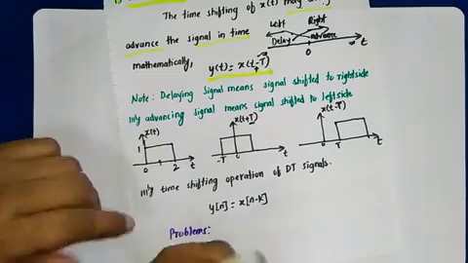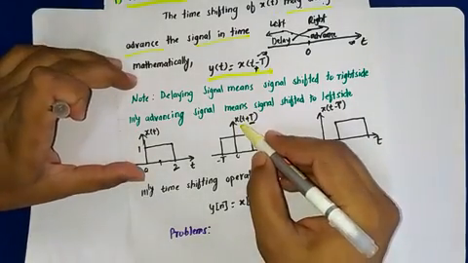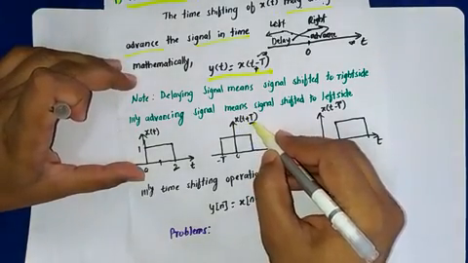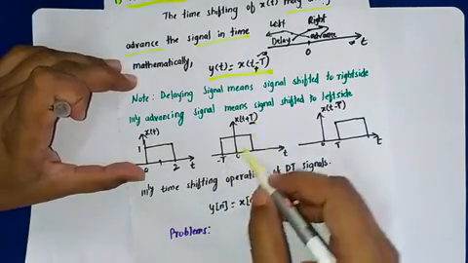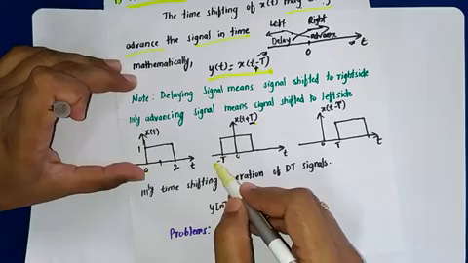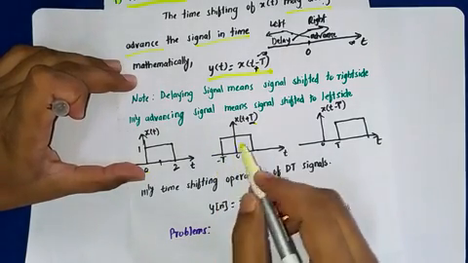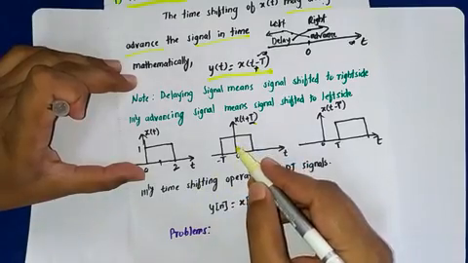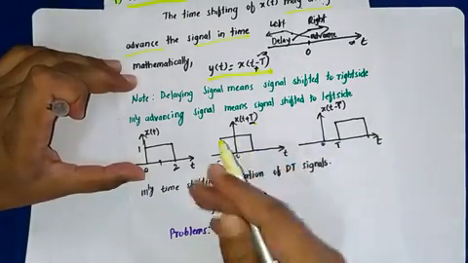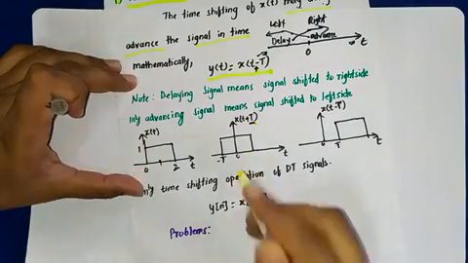Okay, so you can see here x of t plus t is advancing. Okay, so that's why it is moving towards the left side. Okay, so how you have to understand this one, like moving towards the left side, right side, advancing, delaying, how will you understand that.